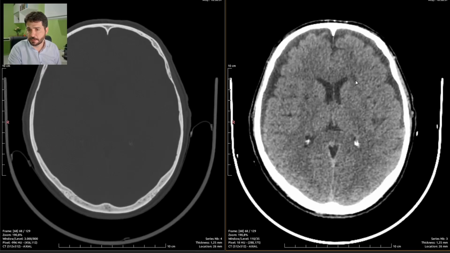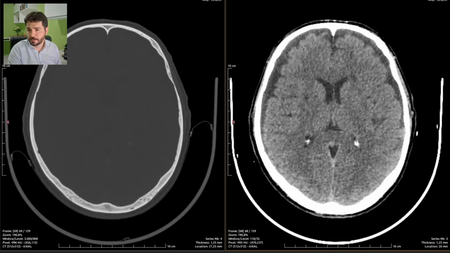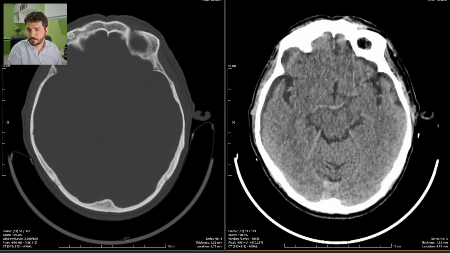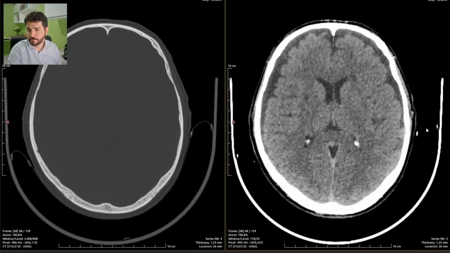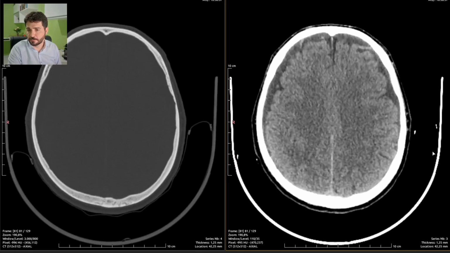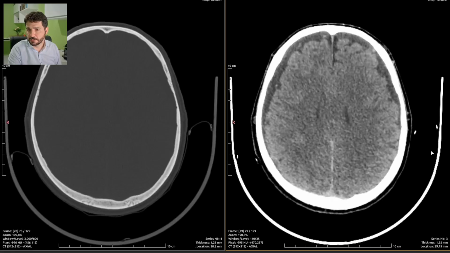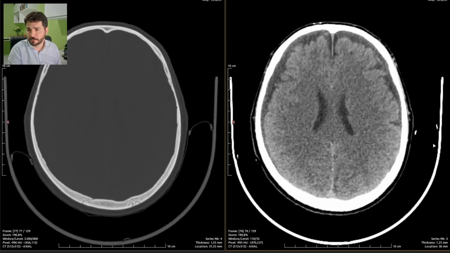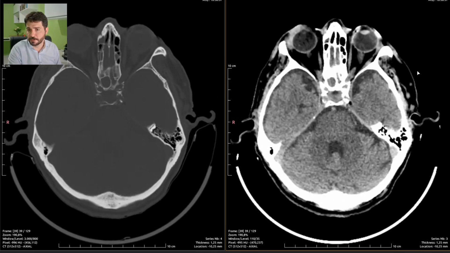There are tiny spots of hypoattenuating lesions, which could justify a very mild microangiopathy, a mild microvascular disease of the white matter. I have to report that for sure.